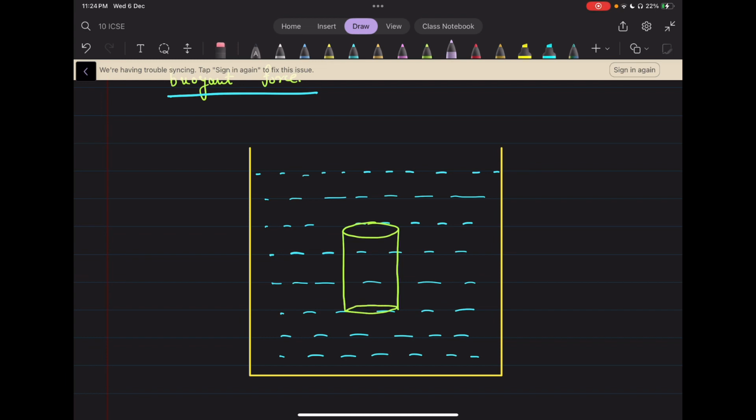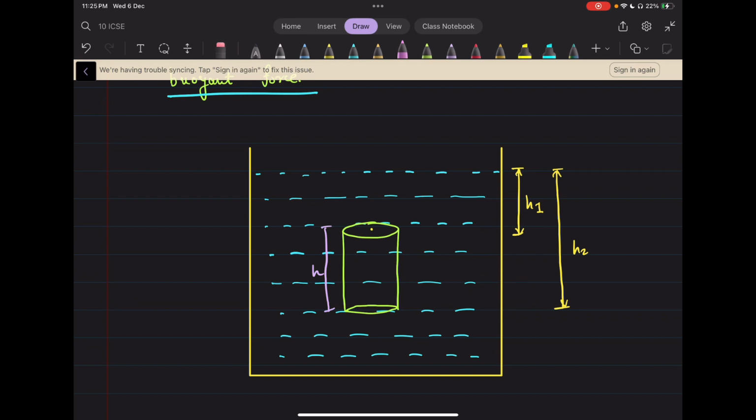The height of the cylindrical object is h, and the upper portion of this object is at depth h1 from the top surface of the water, and the bottom surface of the cylinder is at depth h2 from the top surface of the water, right?